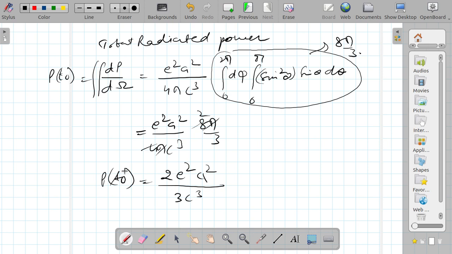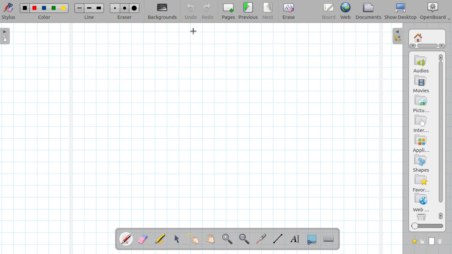Thus these two expressions, dP over d omega and this P, are the Larmor formula.